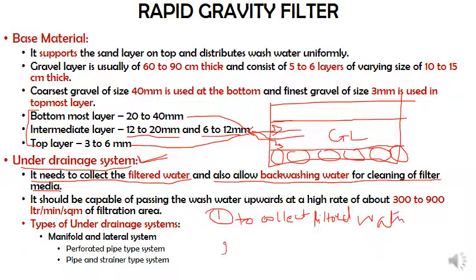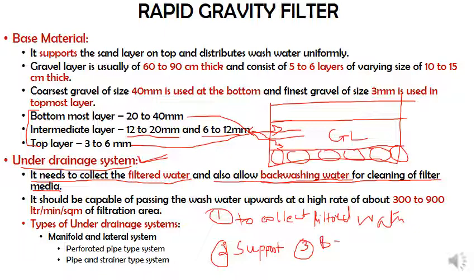The second one is that it needs to support the base material on top, and the third one is that it should be capable of handling the backwashing of water.